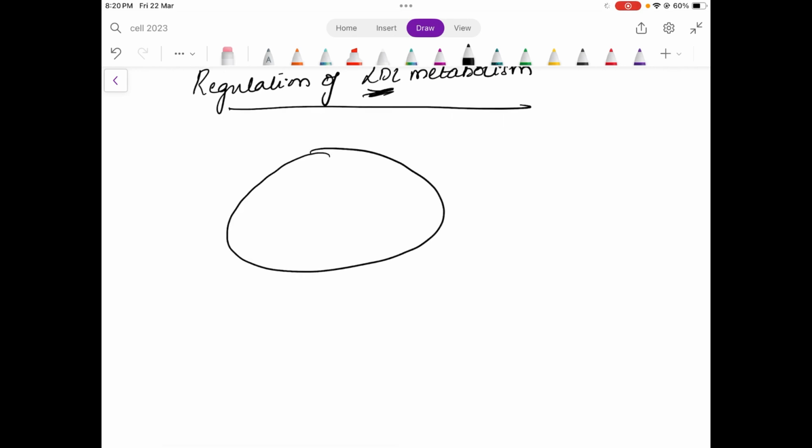This is a cell and LDL molecule is coming here, and there is an influx of cholesterol.